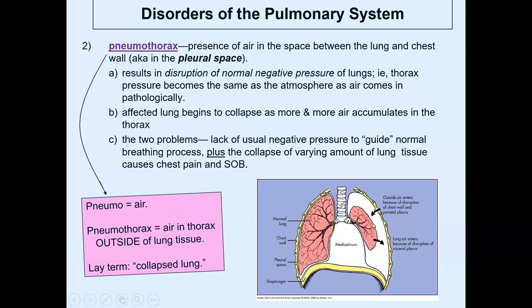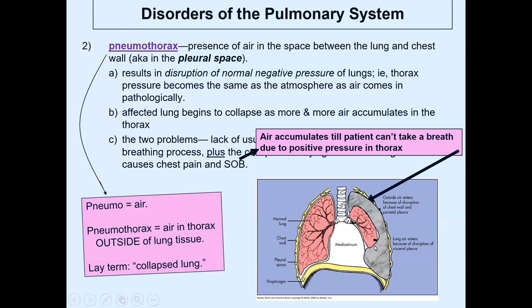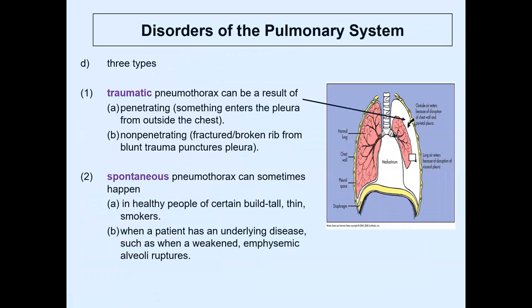And without that negative intrathoracic pressure, the lung can collapse. So we have two problems created whenever there is a pneumothorax. We have that lack of intrathoracic negative pressure, which will cause less air to be brought in, if any, and then the intrathoracic pressure that is now positive will cause the collapse of varying amounts of lung tissue.